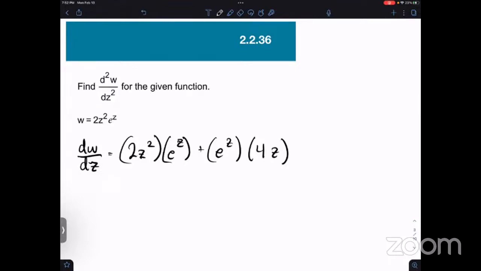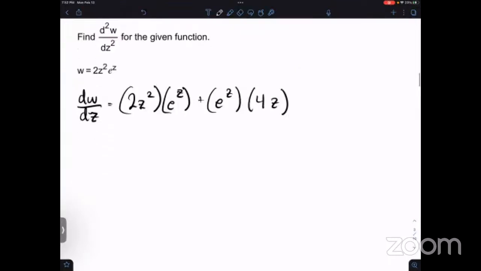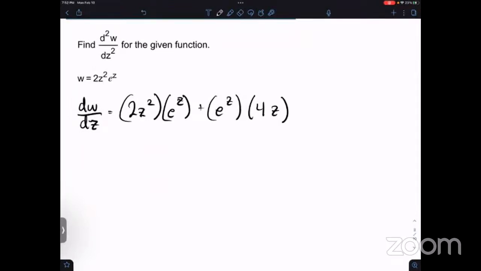I would just click on view an example and see how they submit their result. They might submit it like this, or we could factor out a z e to the z. They might write it as z e to the z times (2z plus 4). Actually, we could factor out a 2 as well, which gets rid of this 2.